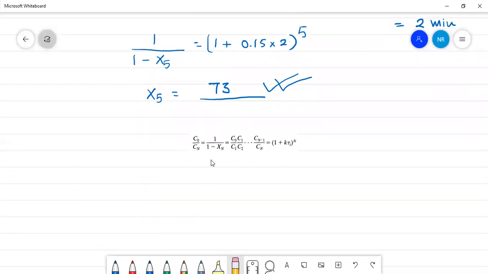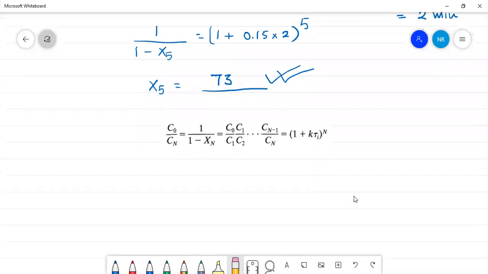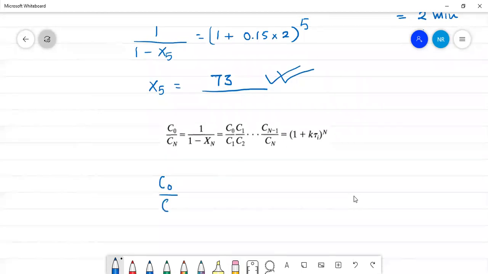Okay, this is the equation that we ended with. Now I would like to go deeper into this. Let me do this. If 1 comes to this side, then I can write C0 divided by Cn minus 1 is equal to k tau i.